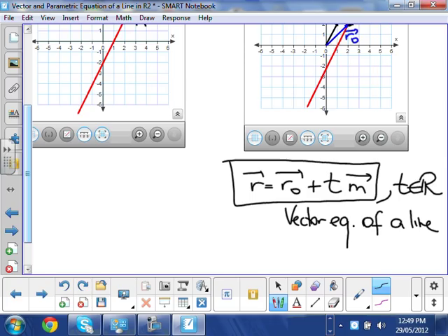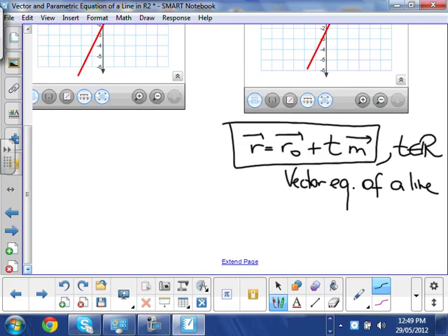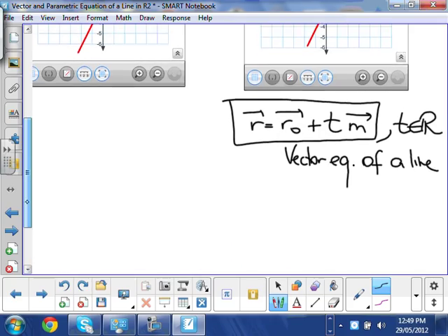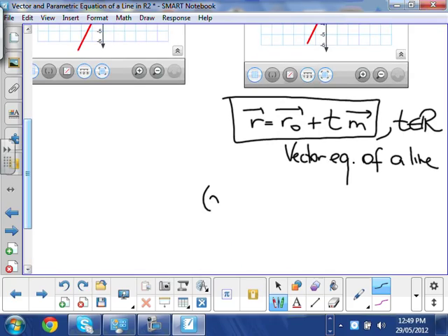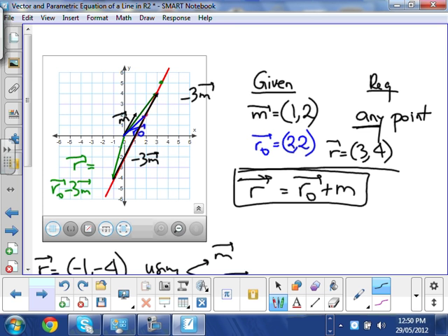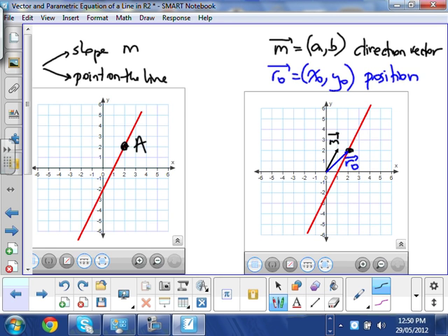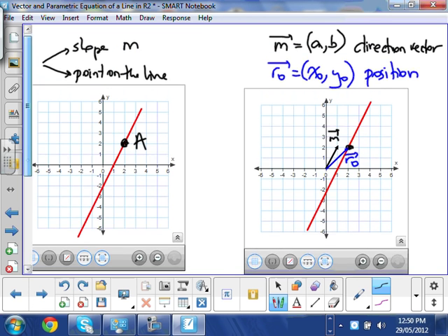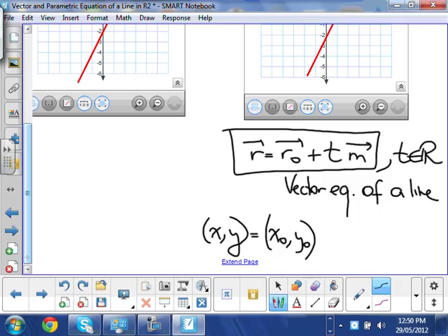Now, I can write this in components. Don't forget that R in components can be written as x, y. R0 is x0, y0. In my case here, it was 2 and 2, plus a certain scalar, t, times my direction vector a and b.